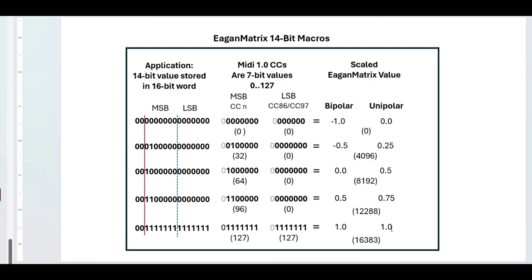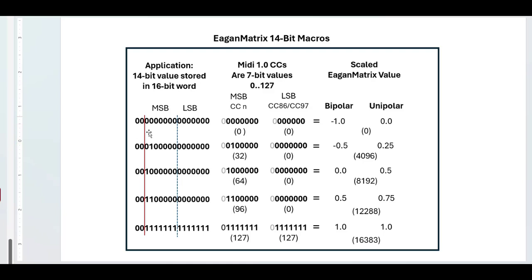So obviously, if you only want to use positive values, you're going to get twice your resolution on the unipolar macros. However, the controller that you're using, perhaps it's a dial or a slider or something like that, might not be able to accurately support that many bits of resolution, or it might be very difficult for you to move things so slightly that you can accurately use that resolution.